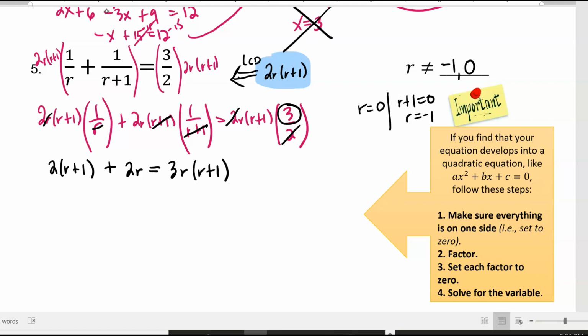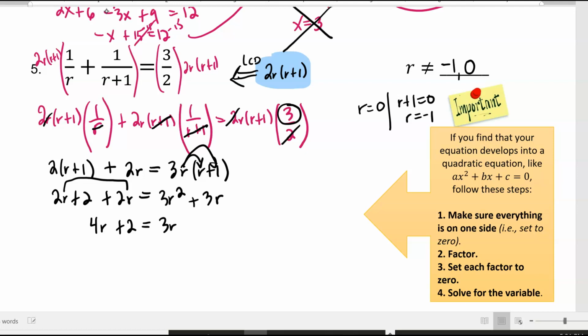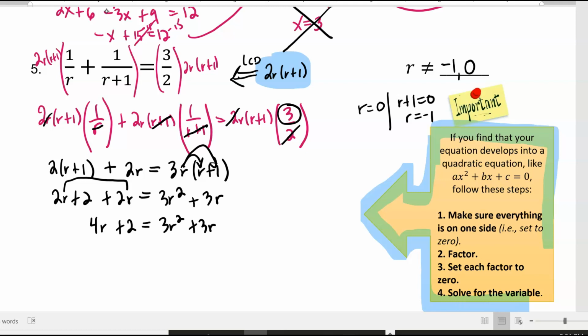Now it's a matter of distributing and trying. We can't get rid of that r squared term. You see that? Alright. Now let's go ahead and put the two r's together. So that's 4r plus 2 equals 3r squared plus 3r. So when this situation happens, we have to follow those 4 steps that we have discussed in the past. These are the 4 steps. You get everything on one side, right?